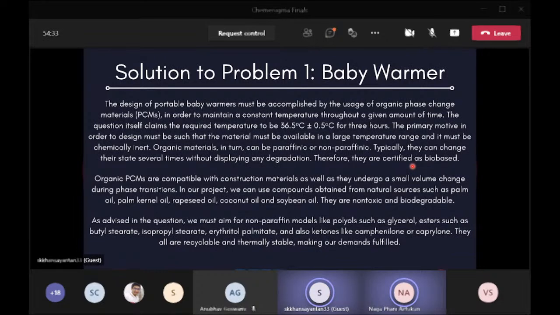Yeah, exactly. First of all, we have to make sure that the melting temperature of the materials is within that range. Generally the melting temperature of these materials is around 35 to 40 degrees Celsius. So I think during the phase change, they can easily maintain the required temperature at 36.5 plus or minus 0.5 throughout the time.